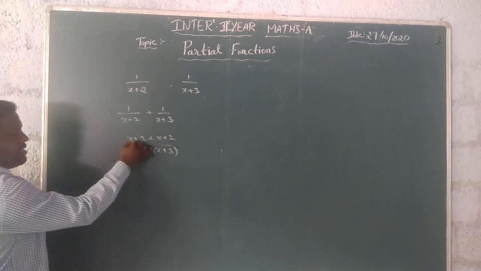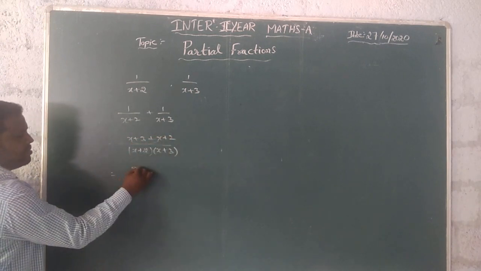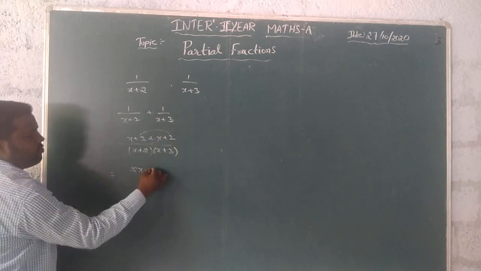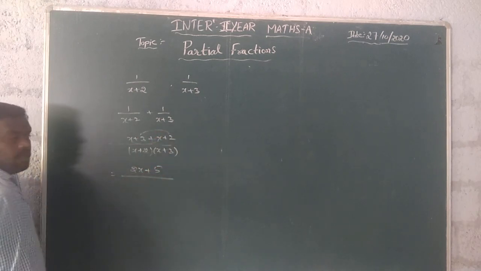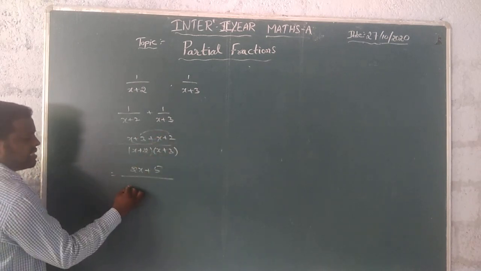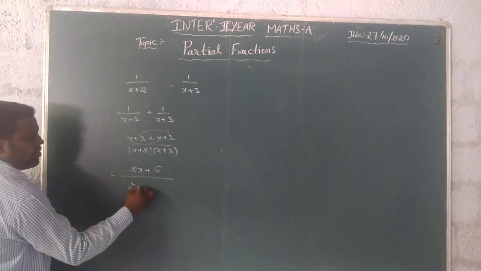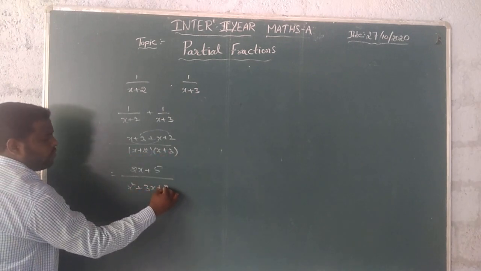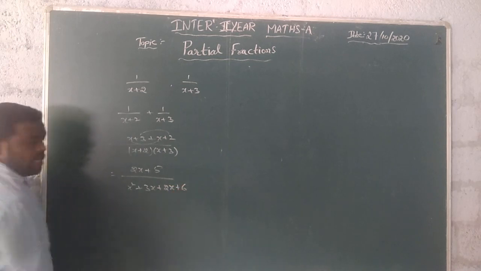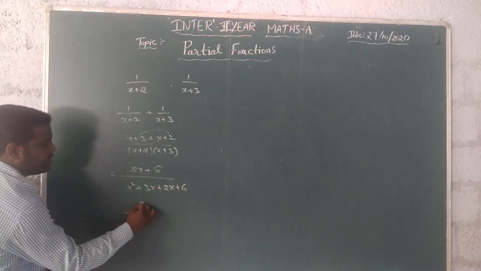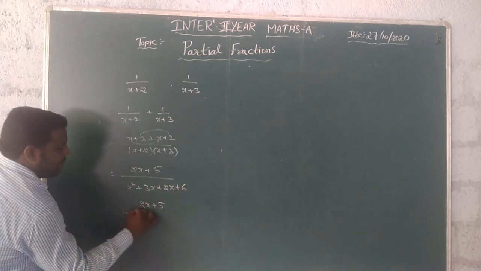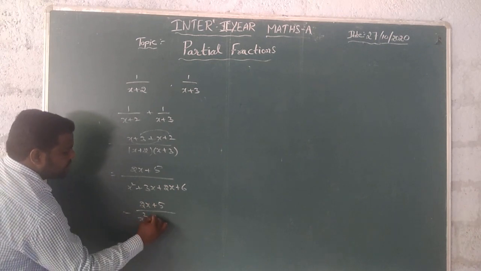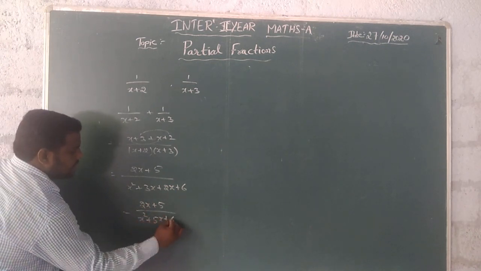So x plus x, 2x, plus 3 plus 2, 5. By the product: x into x, x square; x into 3, 3x; 2 into x, 2x; 2 into 3, 6. So 2x plus 5 by x square plus 5x plus 6.